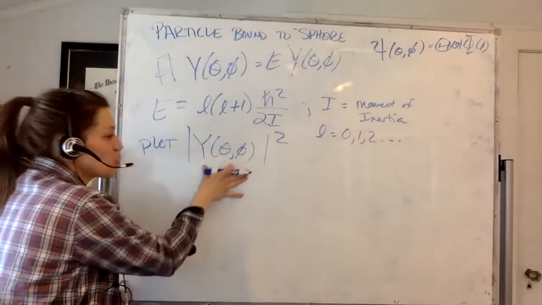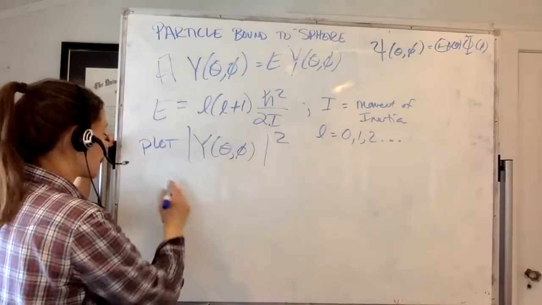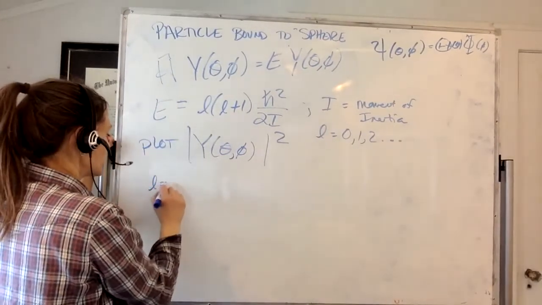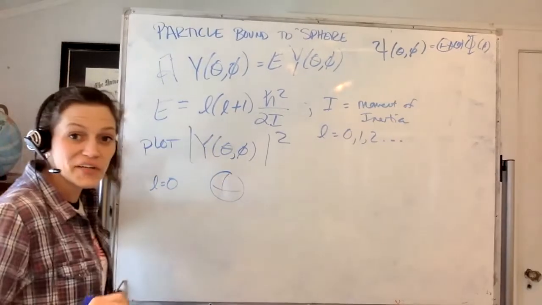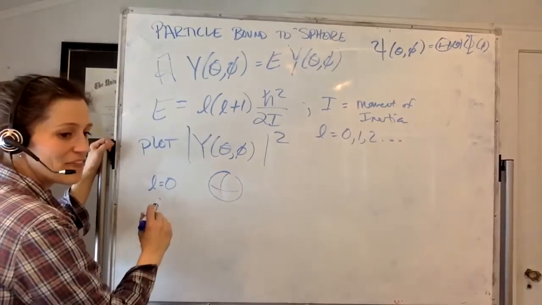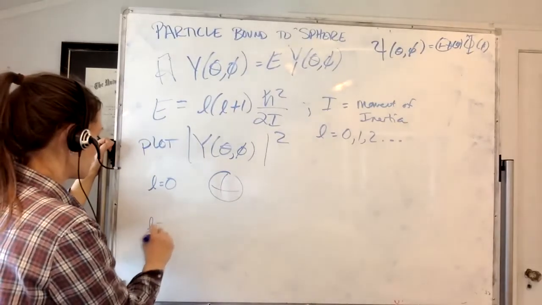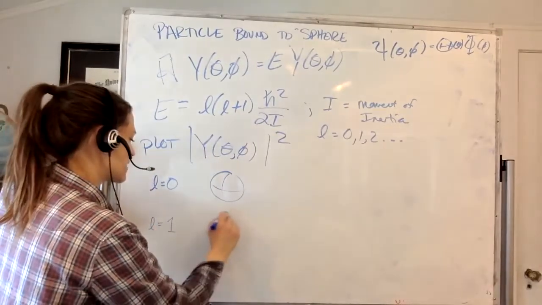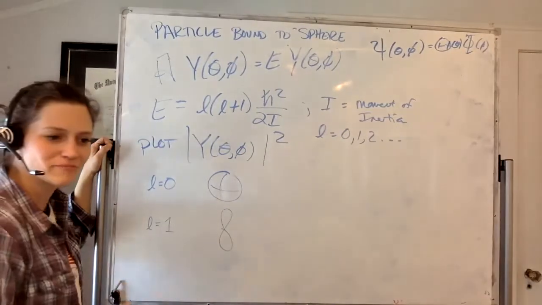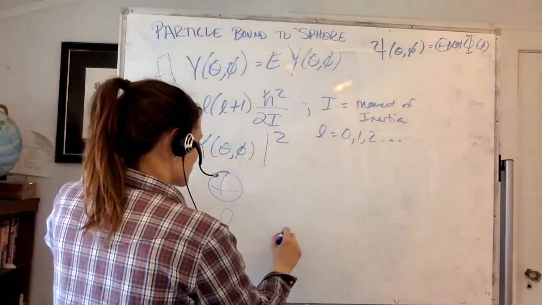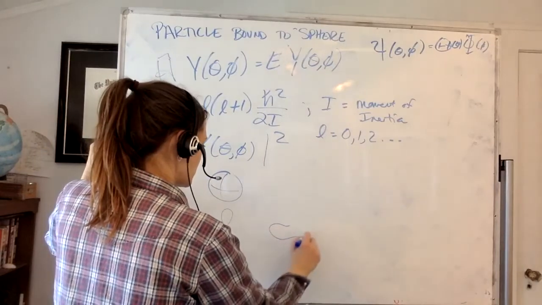And if I do that for L equals 0, I get something that looks like a sphere. That's pretty cool. If I do this for L equals 1, I get this kind of shiny looking cool shape. It's pretty neat. I can also get something that kind of looks like this.